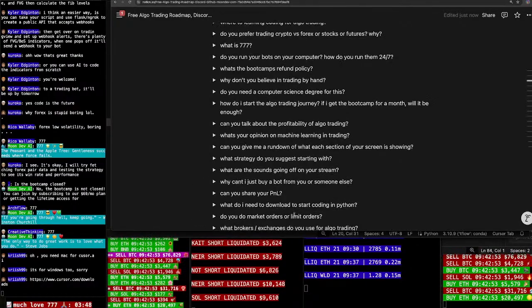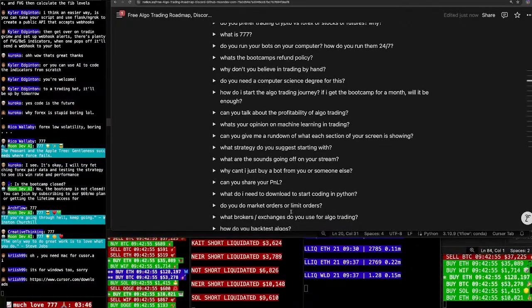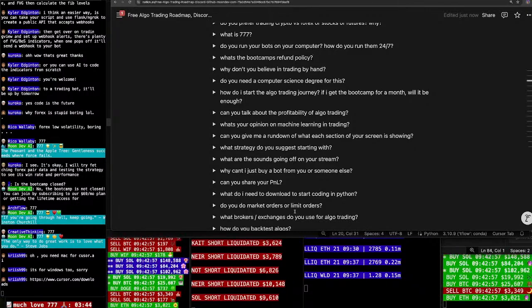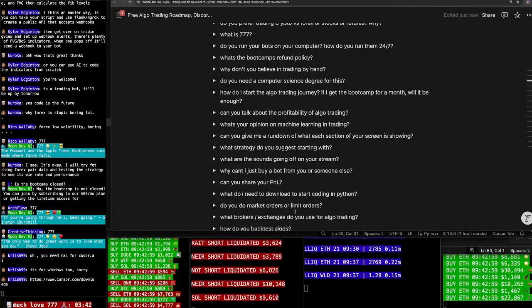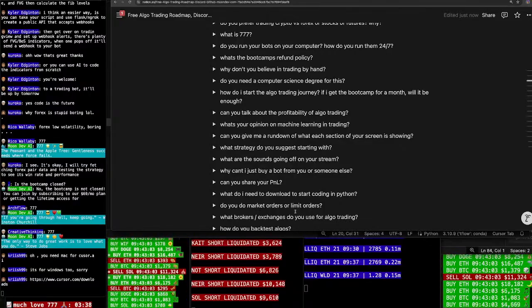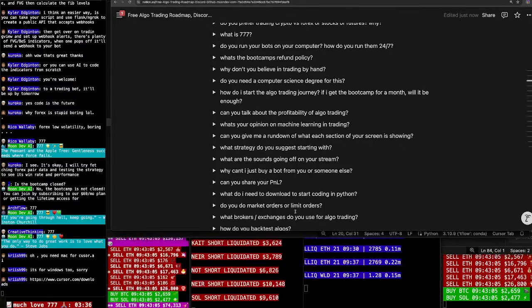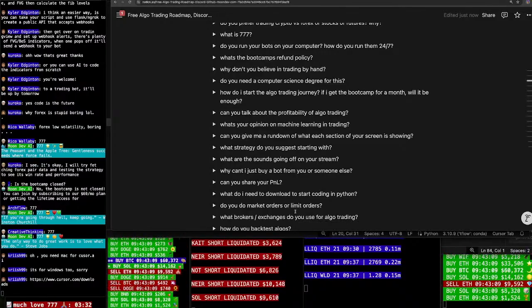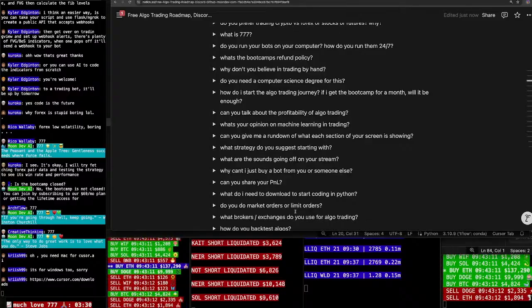Do you use market orders or limit orders? Just totally depends on the strategy. Market orders are good for speed, but it just depends on how much liquidity, meaning how many traders there are and how much volume there is.